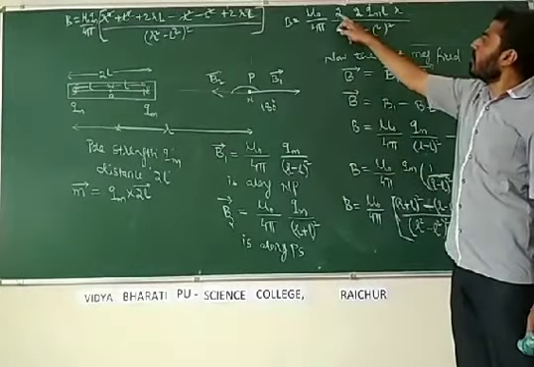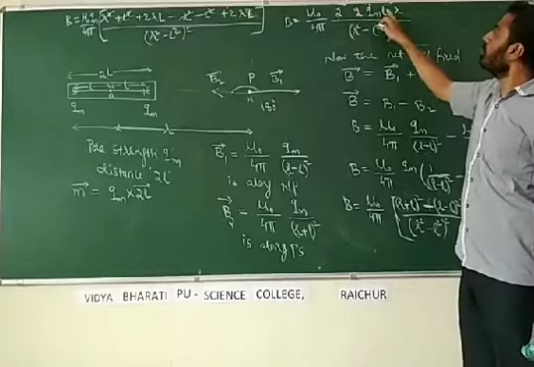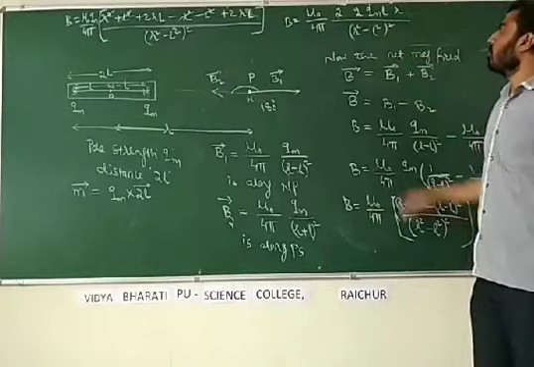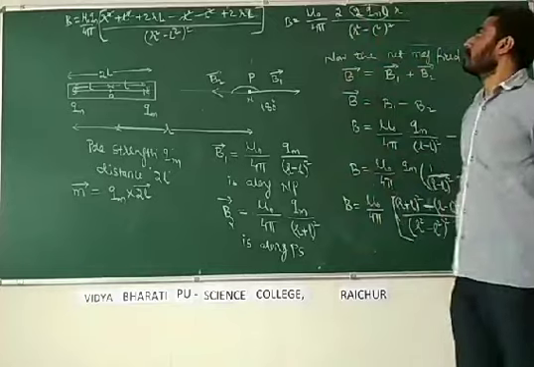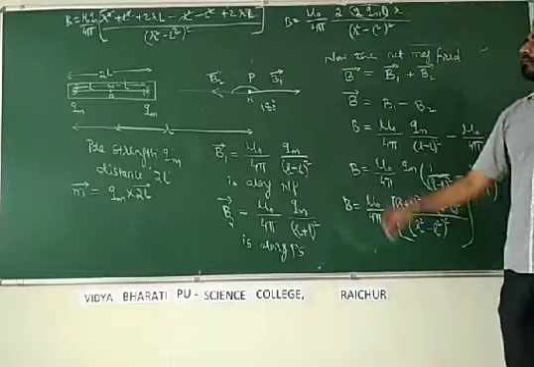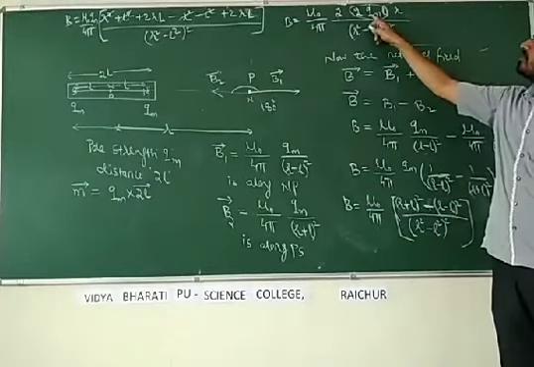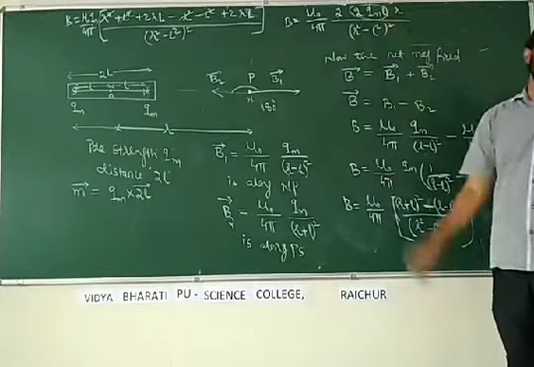See that 4rl, how it is written 2 into 2 into r into l. Why have I written like this? Because I need the product of either of the pole strengths and the distance between the two poles.